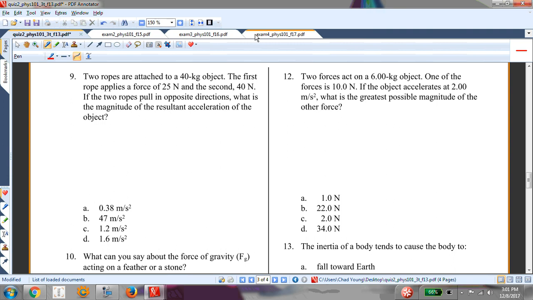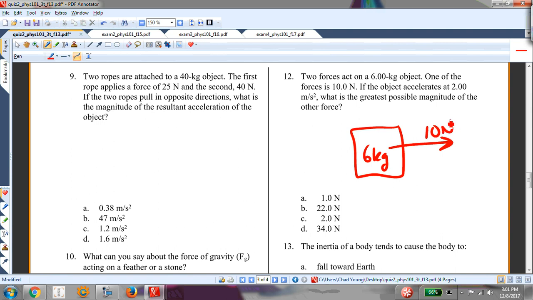So here I have a 6 kilogram object. One force is 10 newtons. I don't really know the direction of it, but I'm just going to draw it in this direction, and we'll see what happens. And the object accelerates at 2 meters per second squared. Now, I don't know the direction of my acceleration.